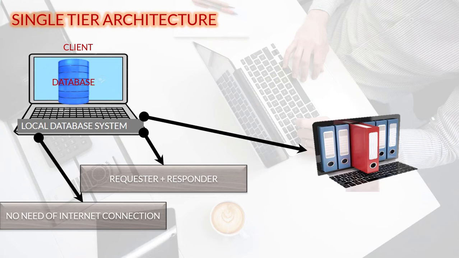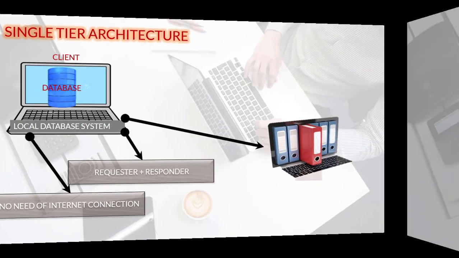Suppose you want to access data of a student, at that time all data is present on that database. So when you are firing a query for retrieving particular data, it is fetching the required data from that database. So on the same machine you are going to provide request and from the same machine you are going to access that data. That's why this is called a single tier architecture.